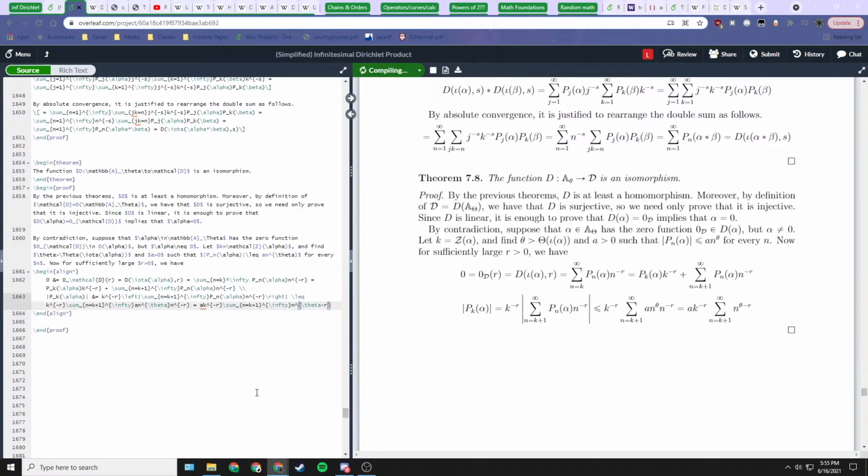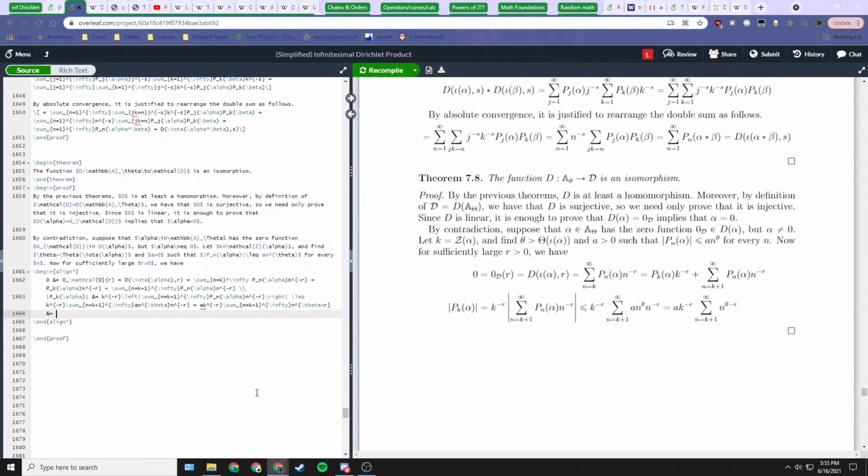Okay, so we have this, and now this is less than or equal to a times k to the power of minus r, and then we want to bound this summation.